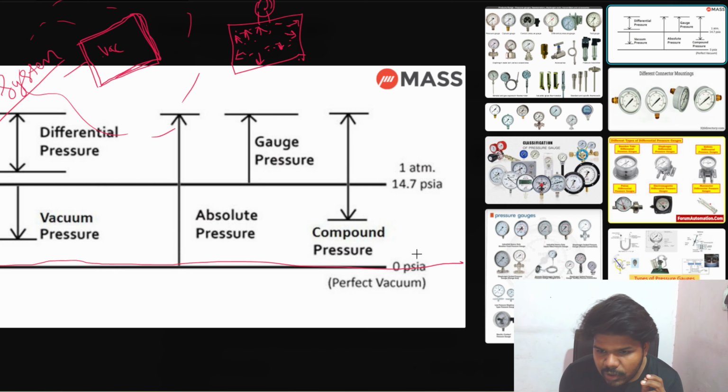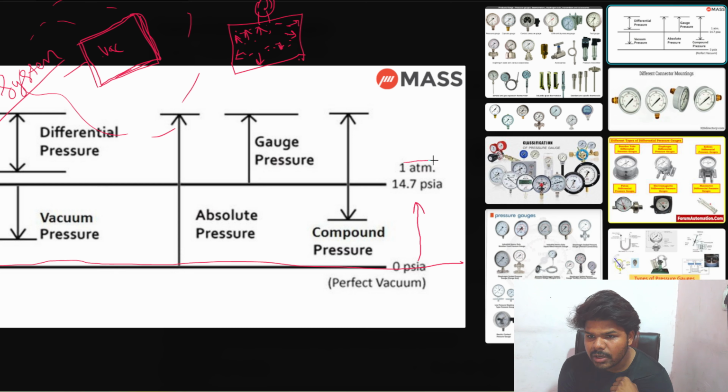So if we go to the upper side, we find this 1 atm pressure. Everywhere in the world, on the earth, there is approximately 1 atm.